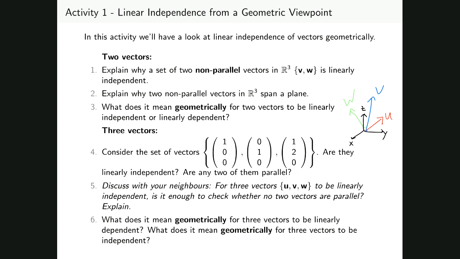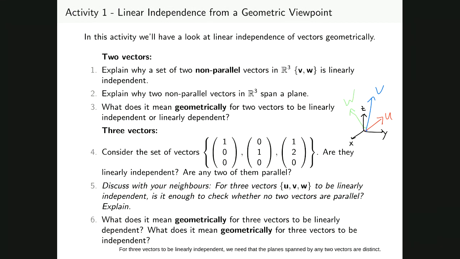Spread those out into sort of the X, Y, and Z directions. This will help you get a grasp for what this is asking geometrically. Okay, this is a slightly stronger condition than what we had in the two vector case.